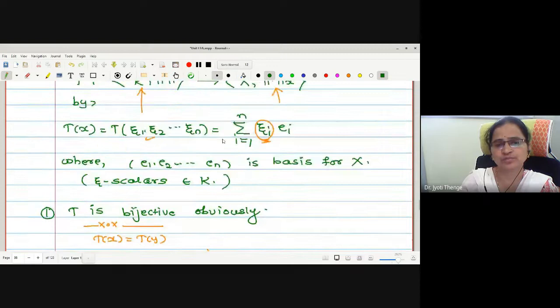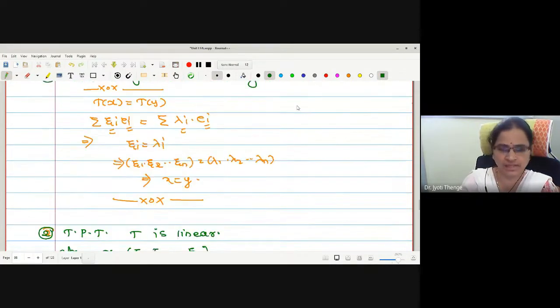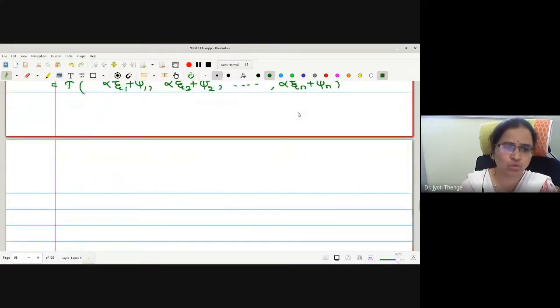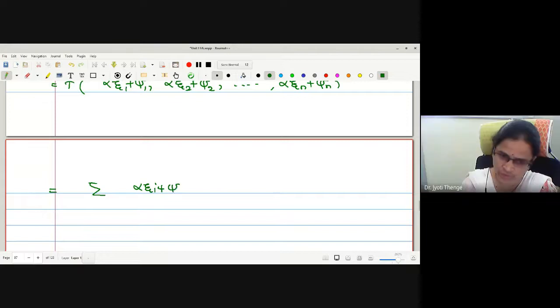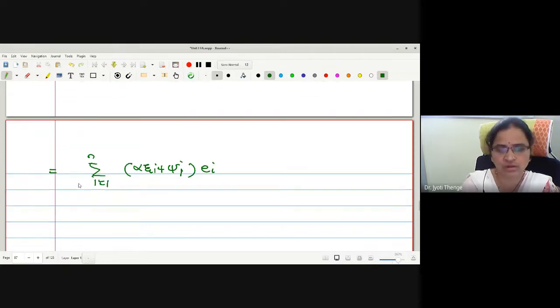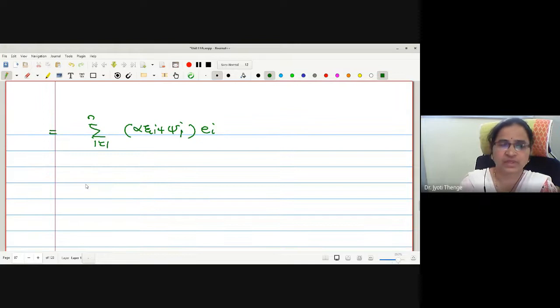How were we writing the definition then? T of zeta 1 to zeta n, we were writing summation zeta i e i. The ith coordinate is multiplied by e i. What is my ith coordinate in this? Is it alpha zeta i plus psi i? Very good. And it is multiplied by the standard basis vectors e i, sum running from i equals 1 to n. It's very easy, isn't it? Therefore, how can I separate the sum?